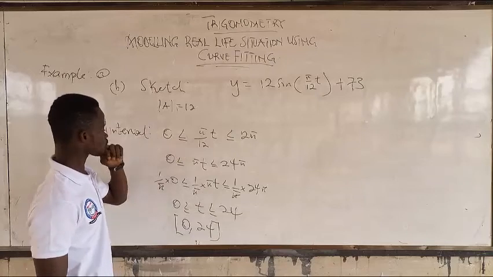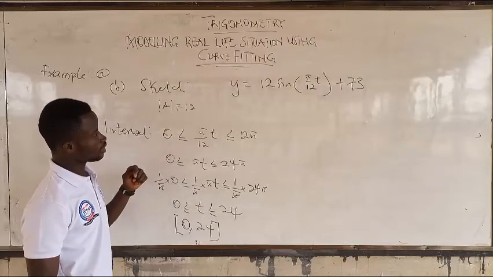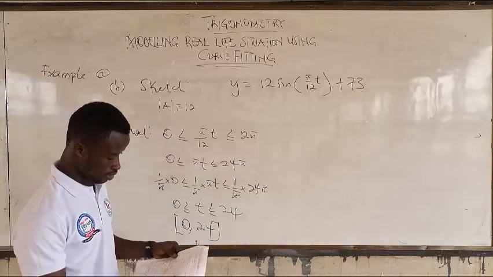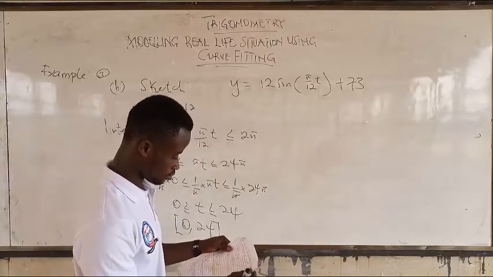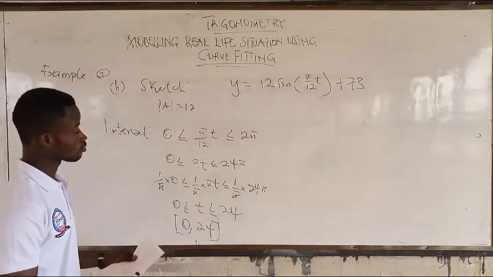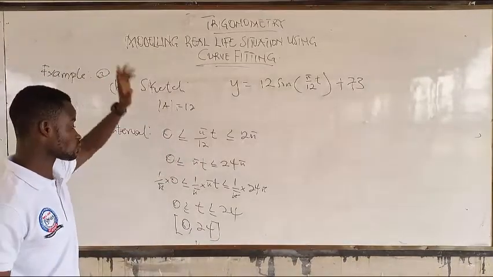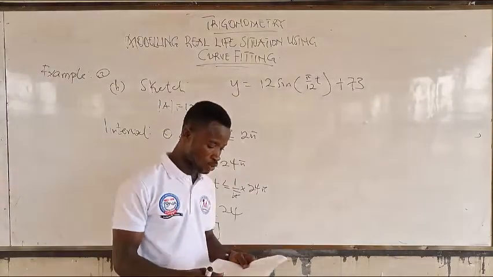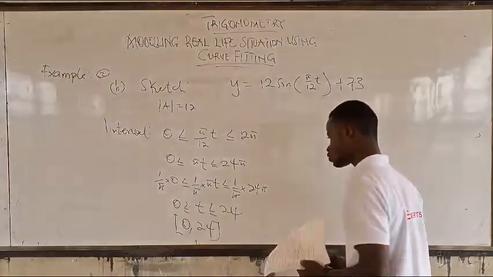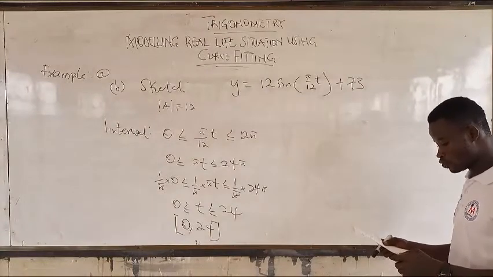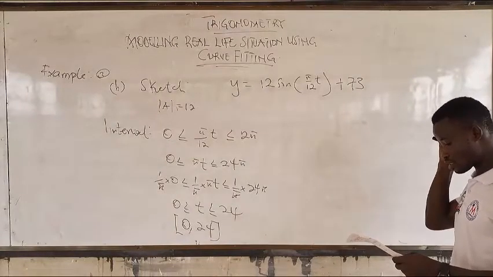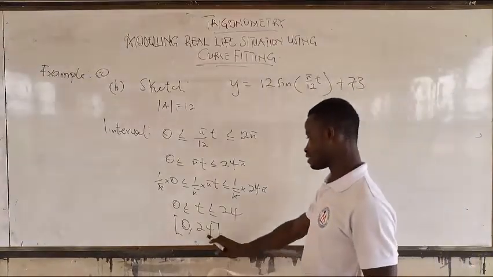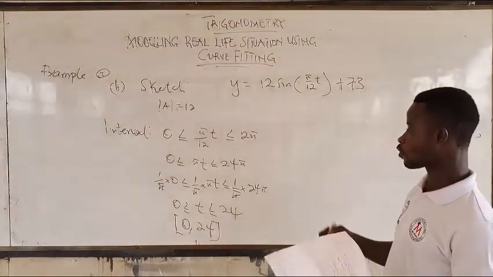And this is the period. We know that already. So let's go for the sketch. We know what we do for the sketching: we want to divide this into 4.